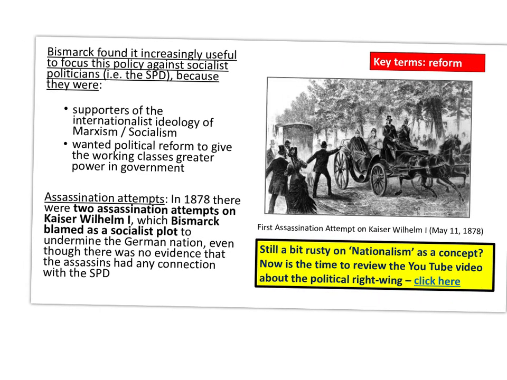Well, there were actually two assassination attempts on the life of the emperor, the Kaiser, in 1878, and Bismarck grabbed hold of those assassination attempts as an opportunity to say there was a socialist plot to undermine the German nation. And even though there was no evidence that the assassins had any connection with the SPD, remember, the German Socialist Party.